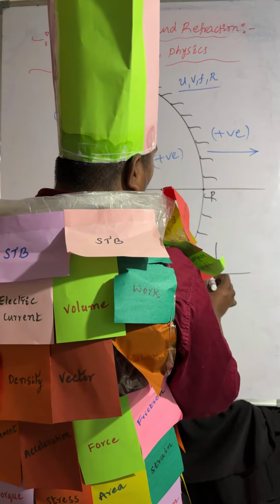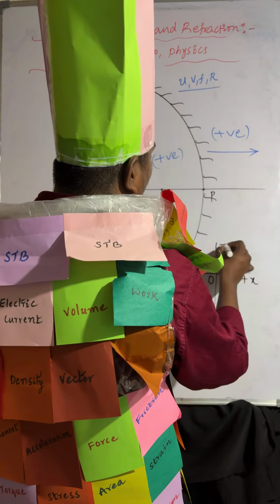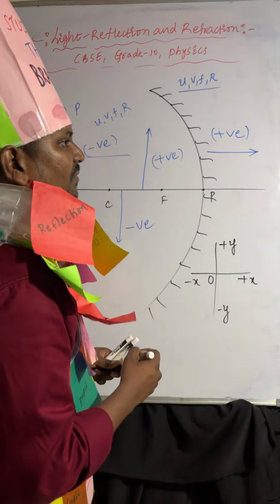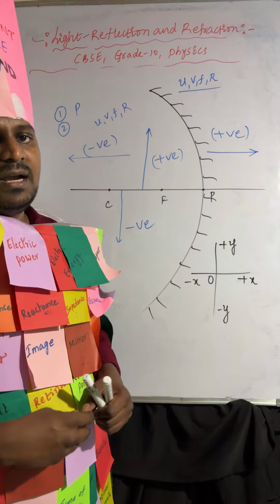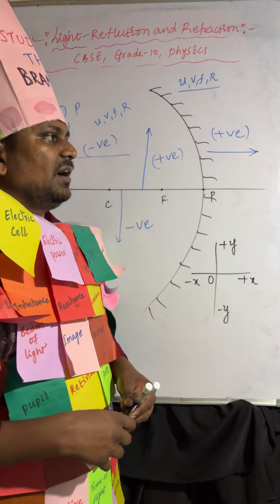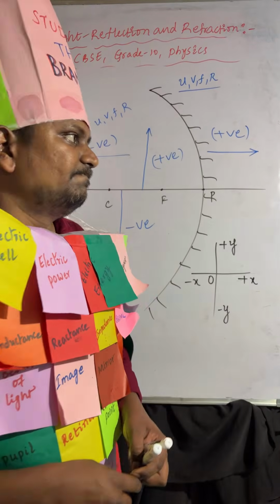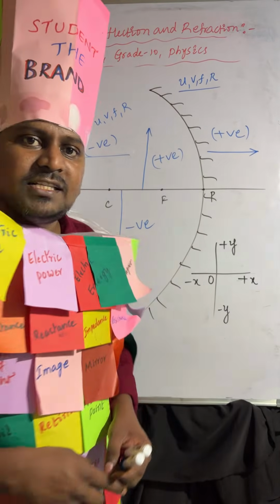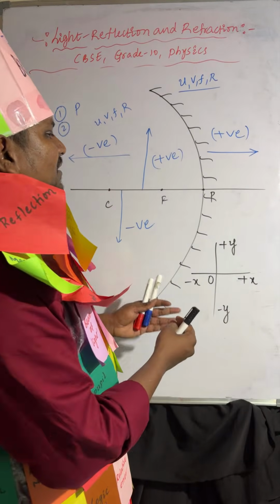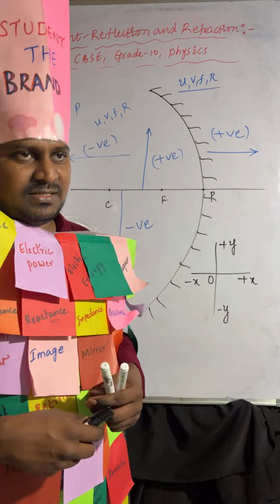It is like a coordinate axis: positive x-axis, negative x-axis, positive y-axis and negative y-axis. Here we are taking the pole as the reference point, the origin, and with the help of the origin we take the remaining measurements.